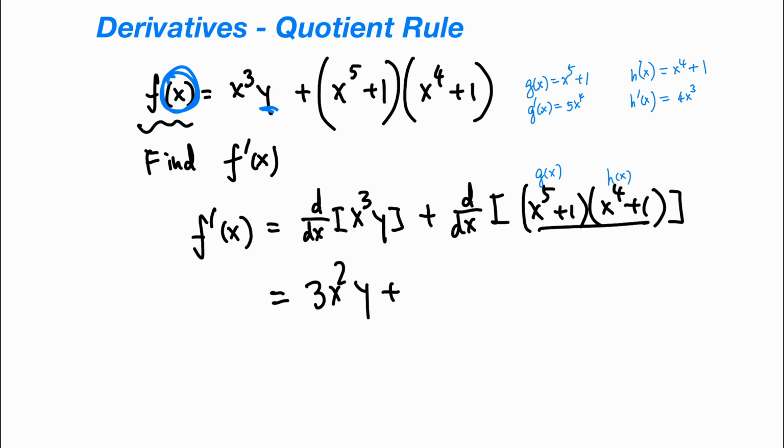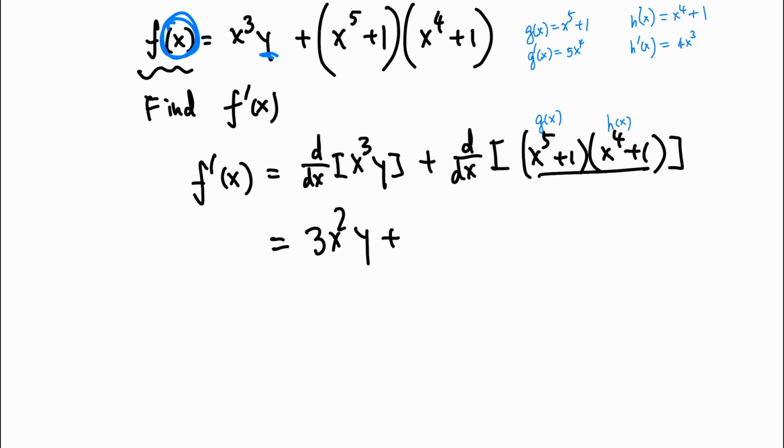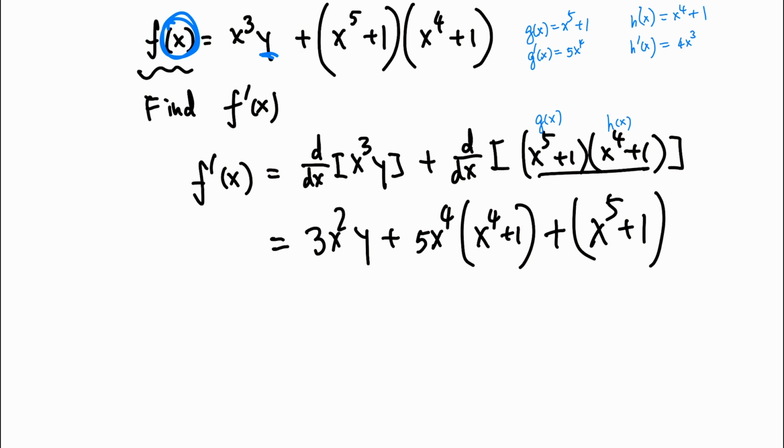And if we kind of cross multiply, you probably recognize this from factoring quadratic functions, and this is a similar thing that we're going to do over here. That would just be 5x fourth times x fourth plus 1, plus this other, x to the fifth plus 1 times 4x cubed.